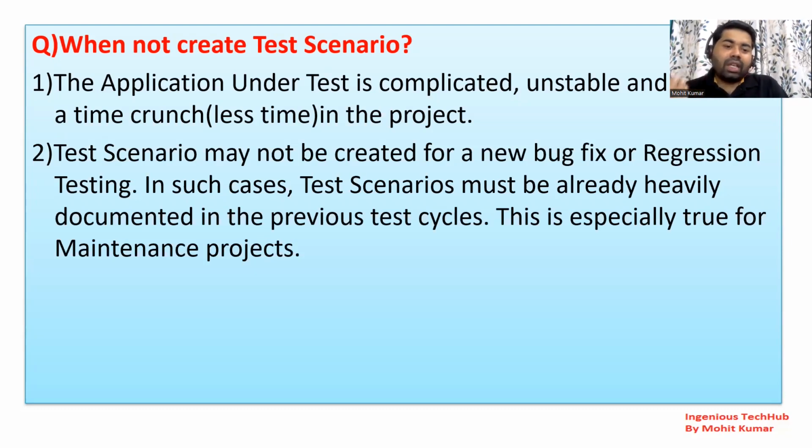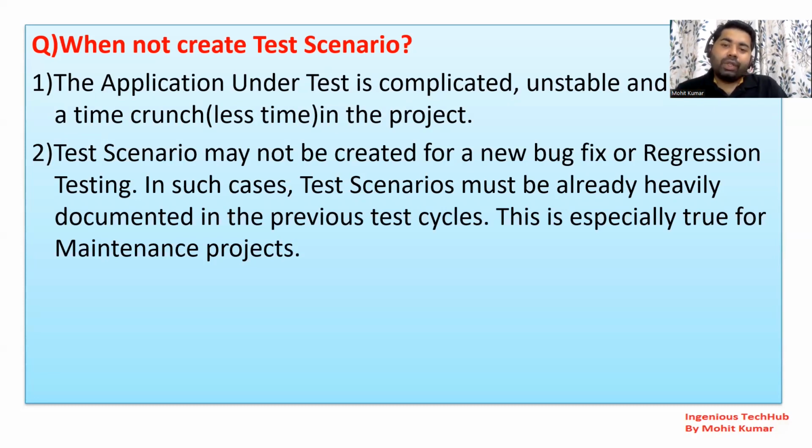What regression testing is, I have already discussed in my previous session, so you can go and watch it. So test scenario may not be created for a new bug fix or regression. In this case, test scenario must be already heavily documented in the previous test cycle.